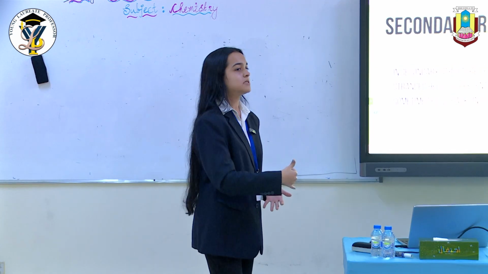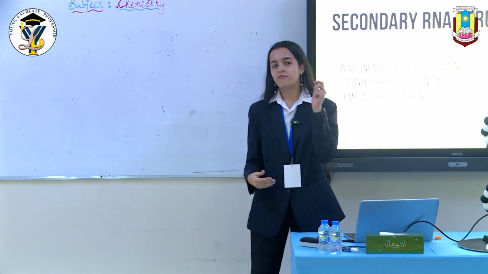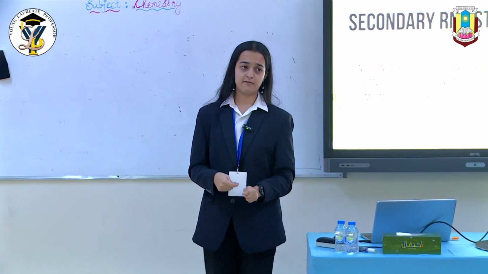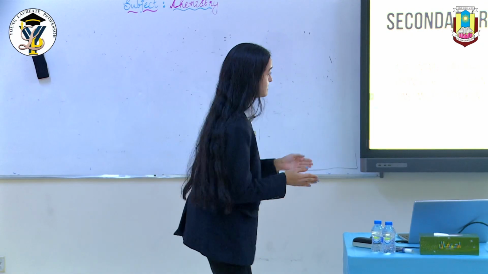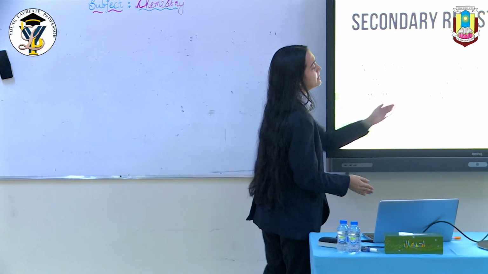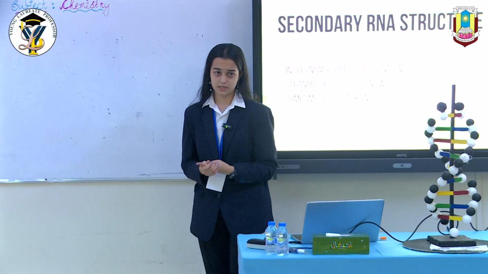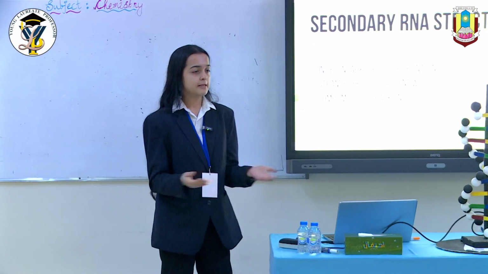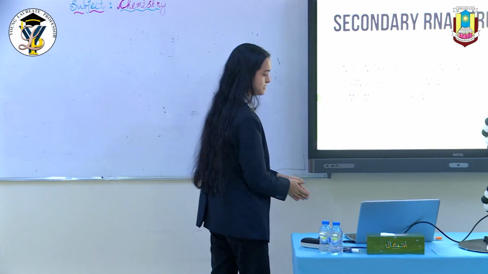But what about the secondary structure of an RNA? Well, RNA folds on itself to create a secondary structure different from the primary structure, which is the sequence. And over here we can see that RNA has multiple secondary structures, 3 of which are very crucial in the process of protein synthesis in human beings and other biological processes as well.